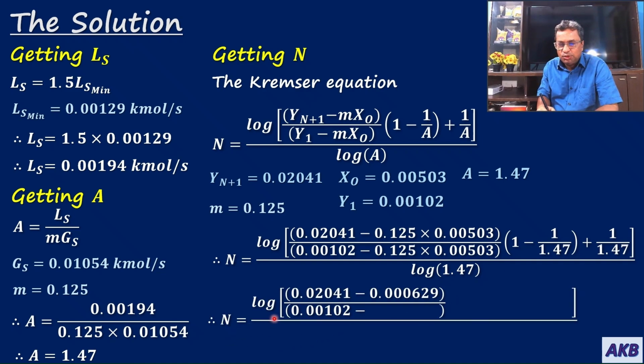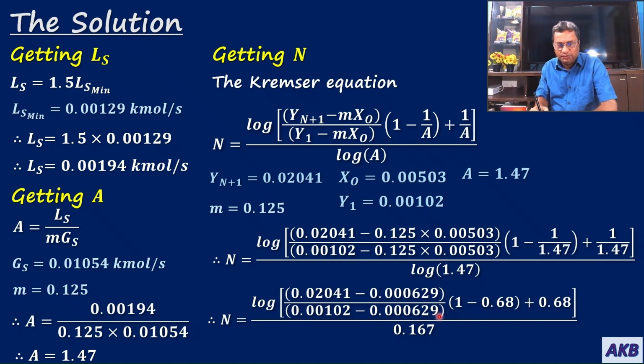First I will take the products. So this is log of 0.02041 minus 0.000629 divided by 0.00102 minus 0.000629, into 1 minus 0.68, where 1 upon 1.47 is 0.68, plus 0.68, and log of 1.47 is 0.167.